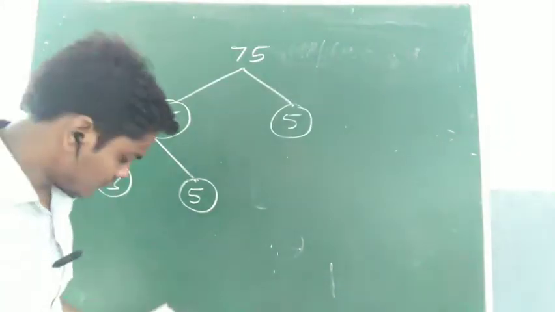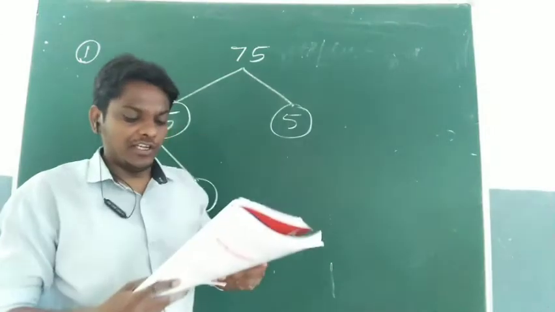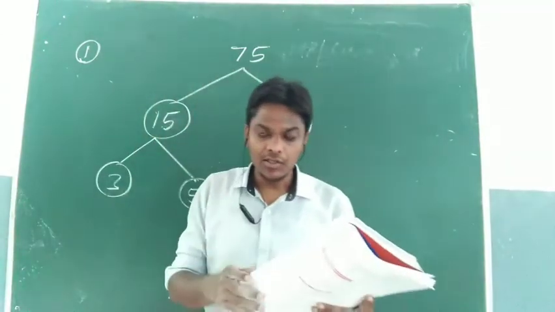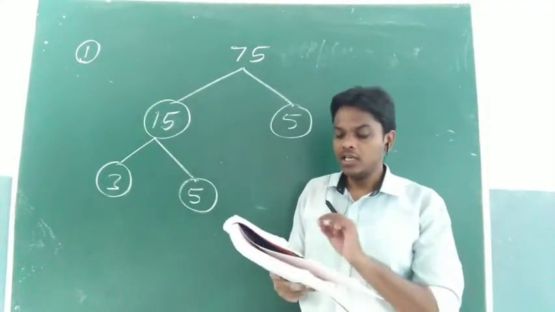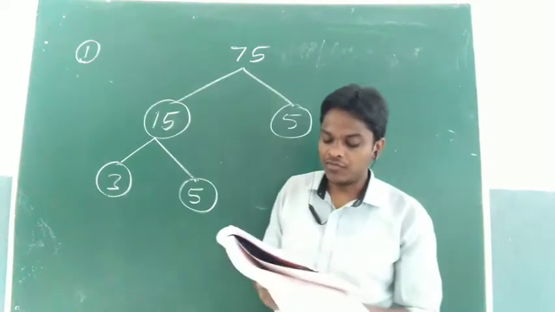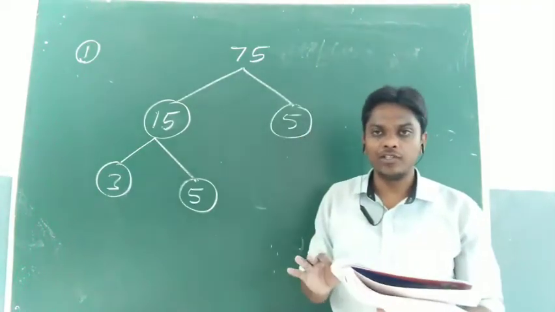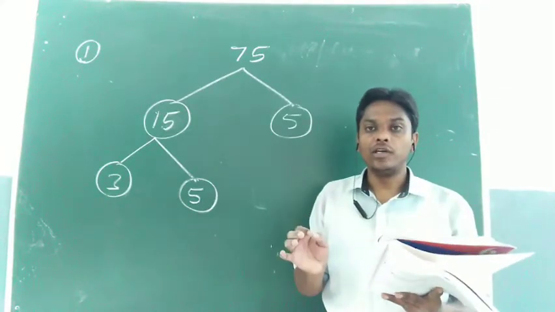Now in the second question, see, 90 is divided into two branches. One is 15 and the second one will be, yes, right, 6. After that 15 is further divided into two branches. So what will that be? 5 into 3.